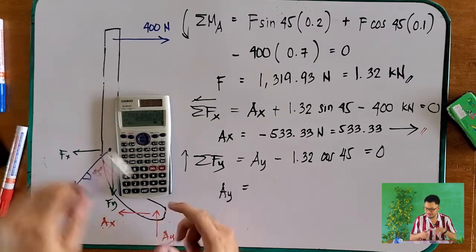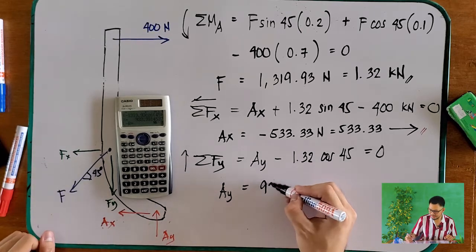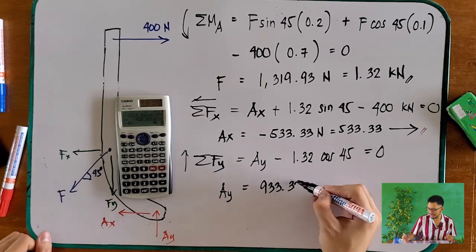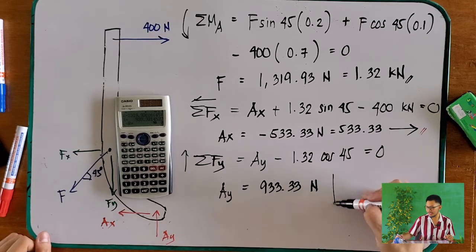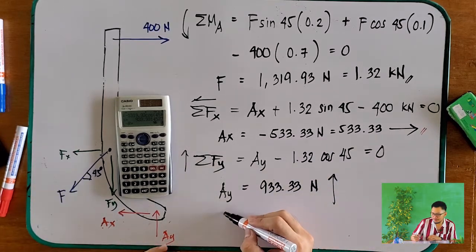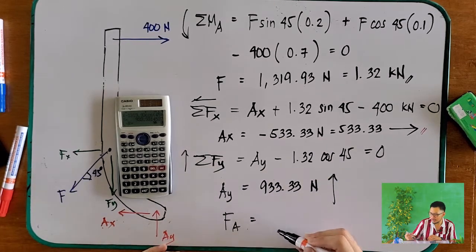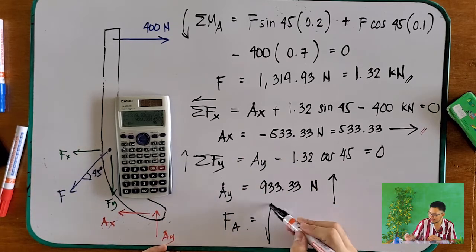So that is 933.33 newtons going up. So to get your force at A, imong baton, imo ra na Pythagorean theorem, di ba?